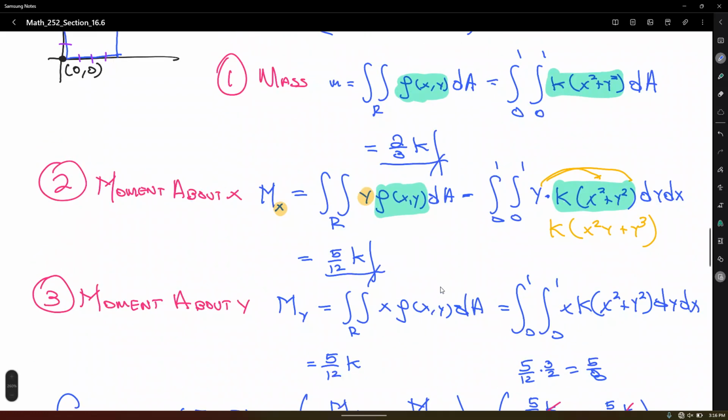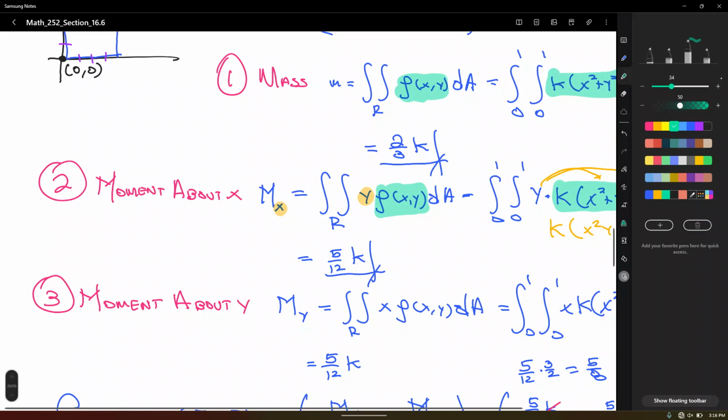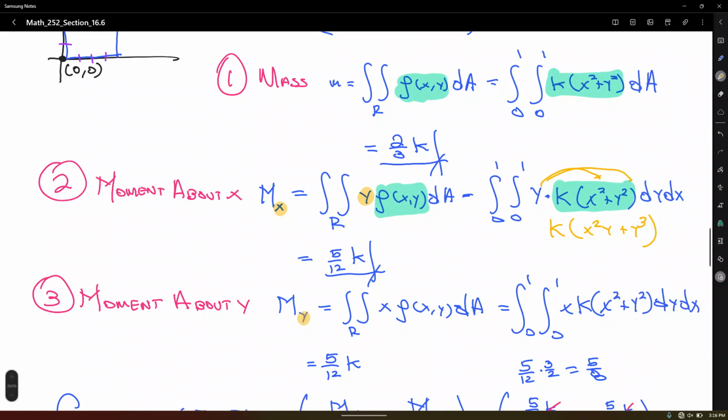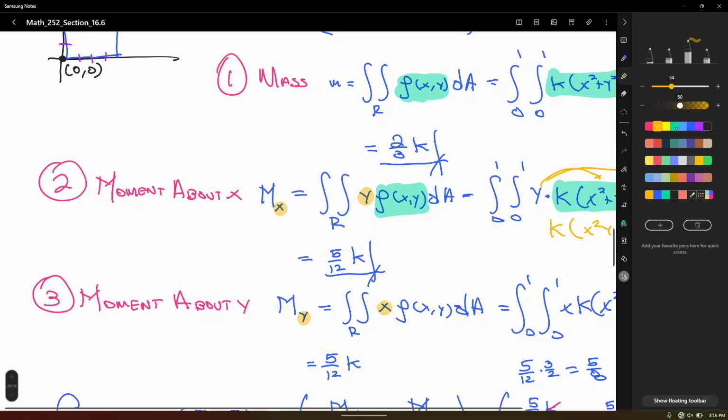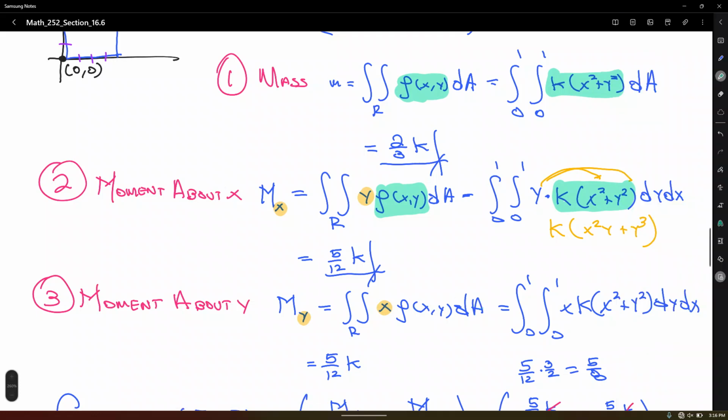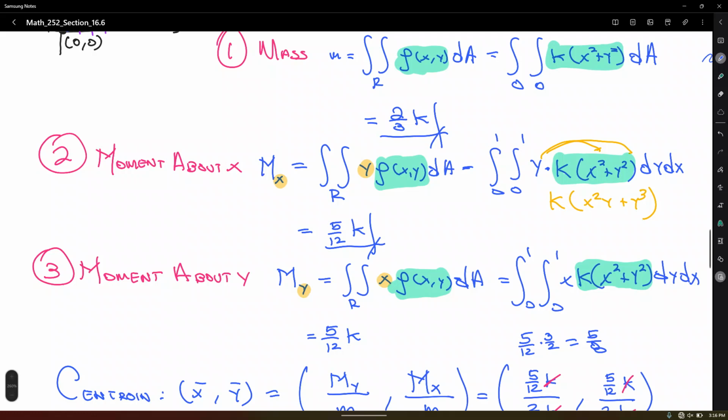Okay, let's keep going. We're almost done here. So the moment about y, and again, keep in mind that the moment about y involves a horizontal distance, an x distance. So we're integrating rho of x, y, times x, that's integrating k times x squared plus y squared times x.